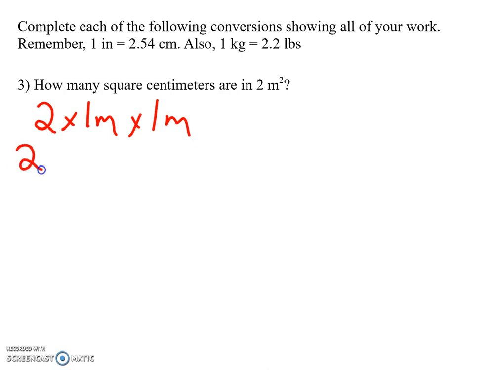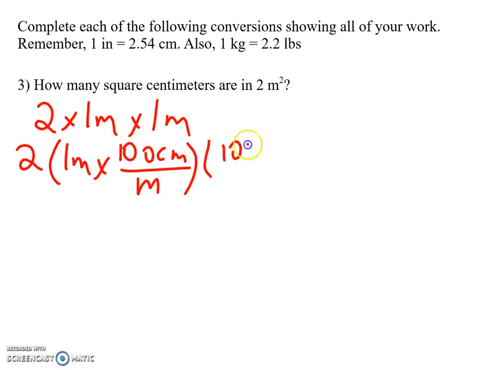And so I know that for every meter, I know that there are 100 centimeters in 1 meter. And there are 100 centimeters in this 1 meter.